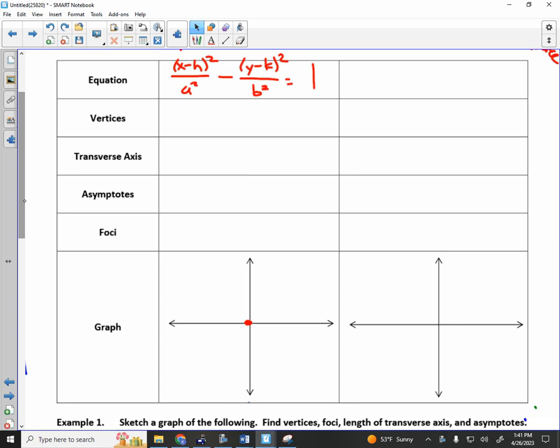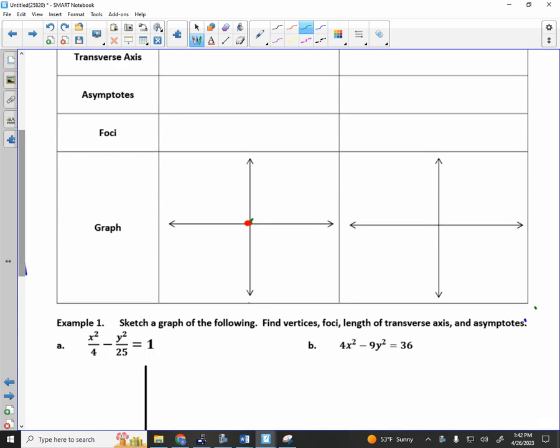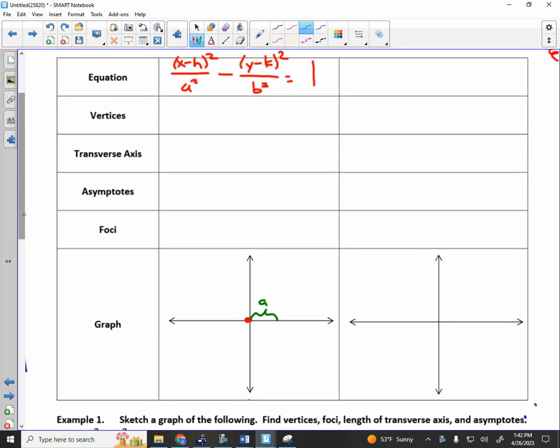As I make my box, anybody want to guess how many units I go in the x direction? A. Just like yesterday, we used a and b to make the stretch for the ellipse. Remember that? Today we're going to use a and b to make the box. So we're going to go a units to the right. And how many units do I move vertically?